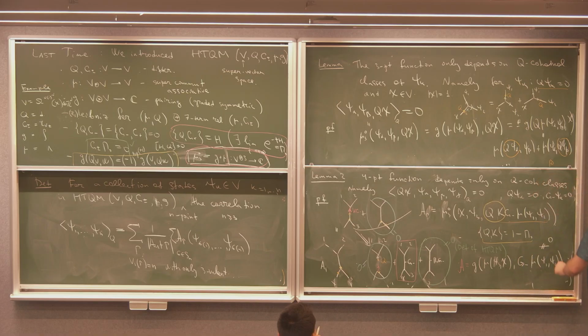From our computation, it's still not clear how this will save us, because here we have G minus acting on a product of states, and G minus does not obey the Leibniz rule. So we can't just move this G minus through the multiplication to act on the arguments.